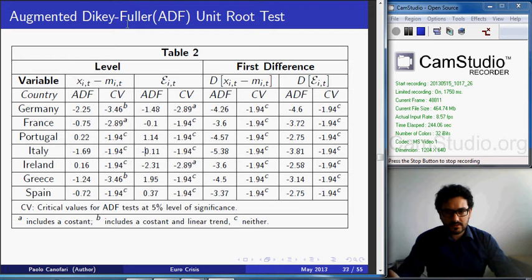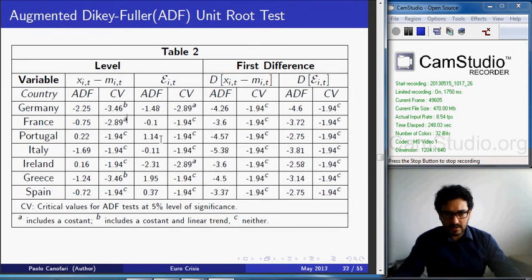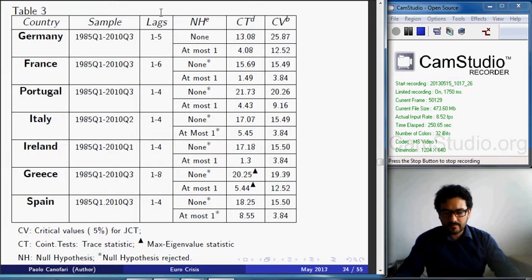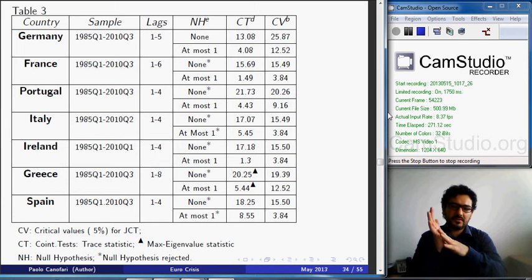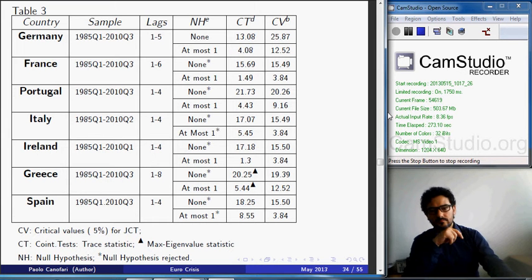So after the augmented Dickey-Fuller test, we can perform the Johansen co-integration test in this way in order to check if the two variables are co-integrated. In this table, we can see the Johansen co-integration test using critical value at 5%.